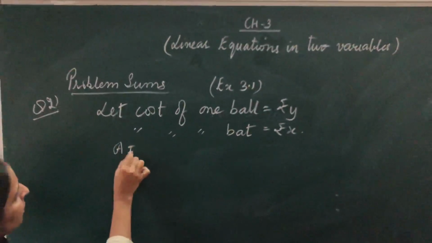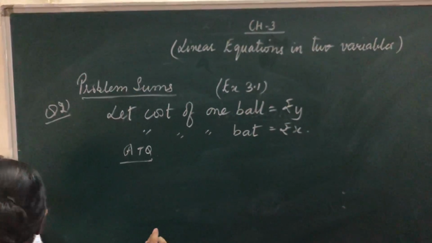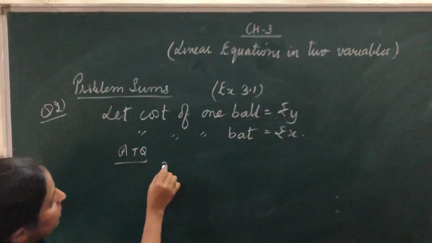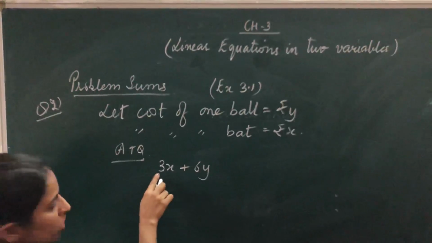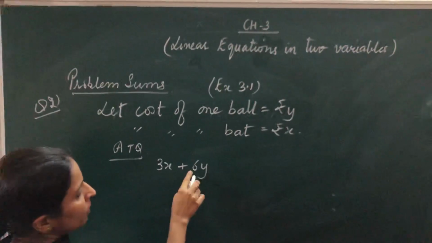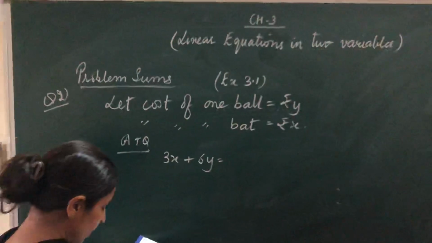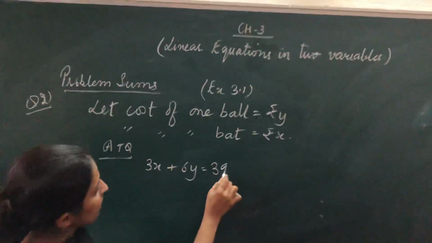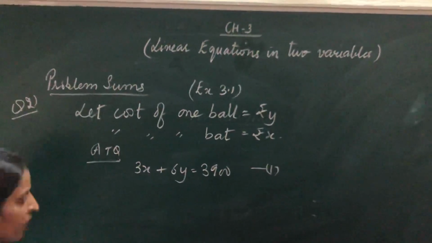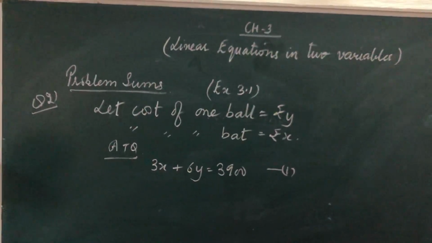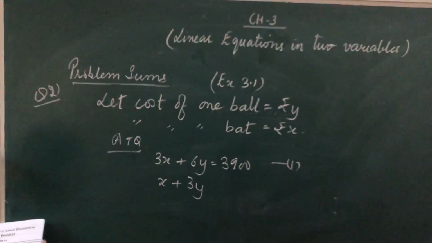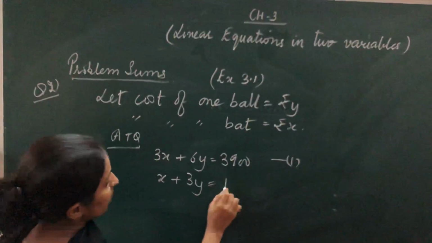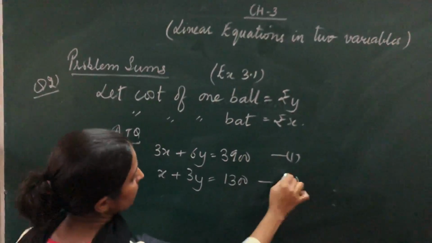So according to the question, it is given 3 bats and 6 balls. 3 bats, this is cost of one bat, multiply with 3, cost of 3 bats. Cost of one ball multiply with 6 is cost of 6 balls, and total is 3900. This is the first equation. Then second is one more bat and 3 more balls, x plus 3y. It gives you 1300. This is the second equation.